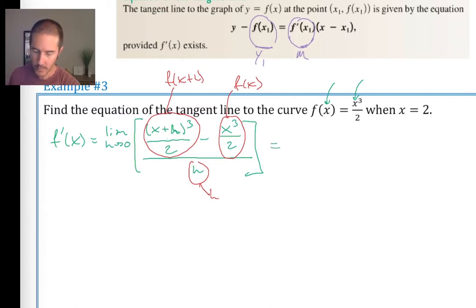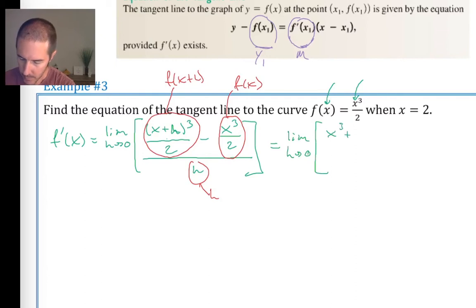The first numerator that you're seeing there, x plus h in parentheses to the third power, if we expand that, if we were to FOIL it and then FOIL again and combine like terms, we will get x to the third plus x squared times h plus x times h squared plus h to the third.